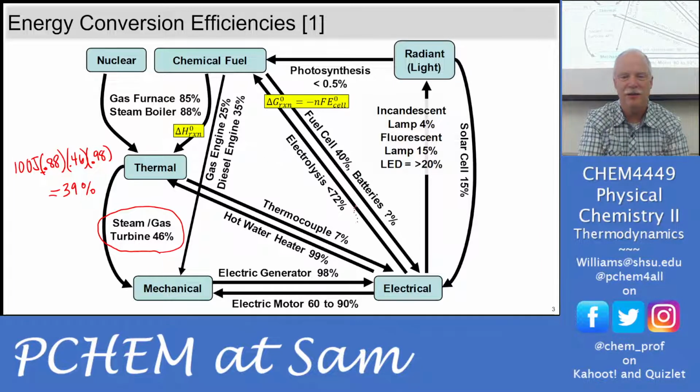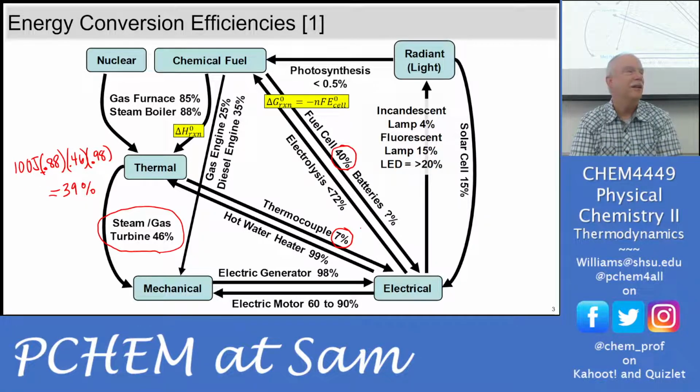Just forget the mechanical and go through thermocouples. That hurts right there. If you could get that up to 48%, you'd pass the whole steam loop, or maybe even go straight from chemical fuel to electrical with fuel cells, 40%. That's pretty close to the 39.